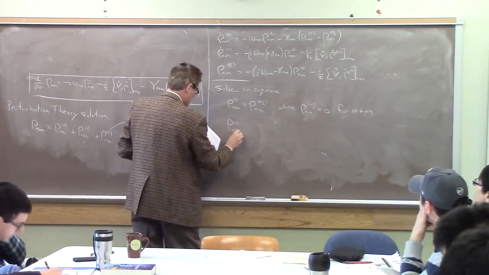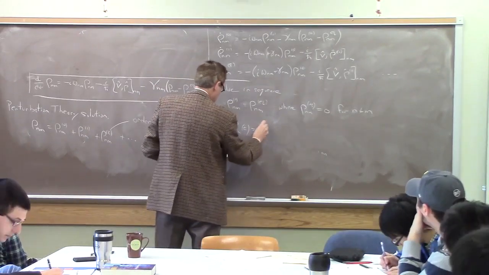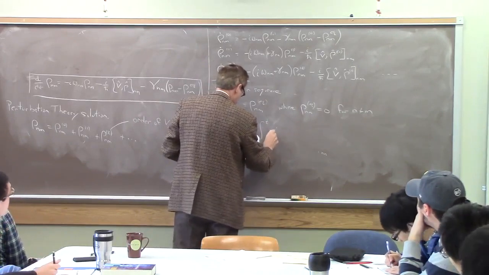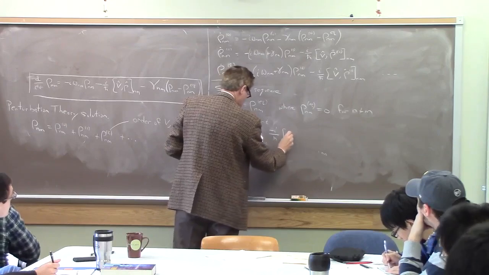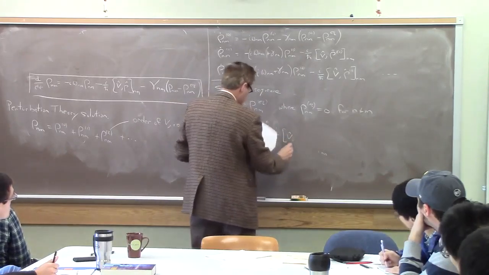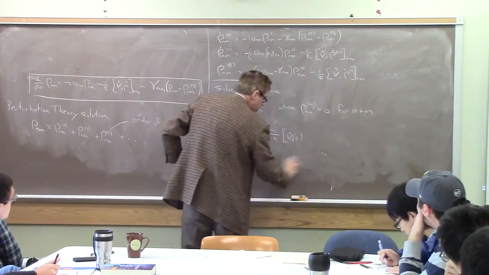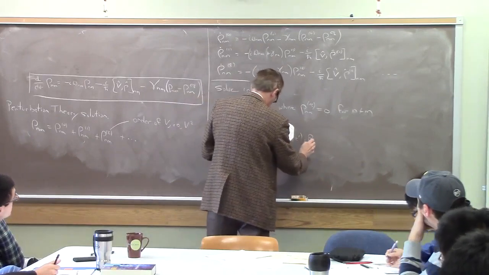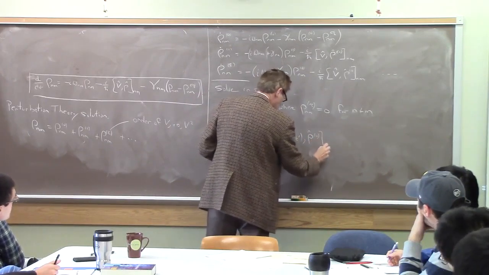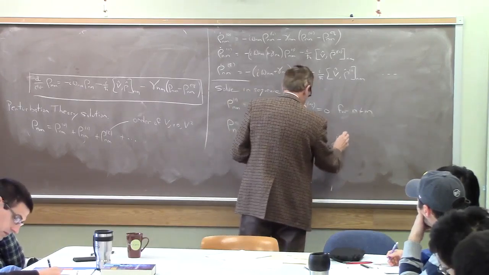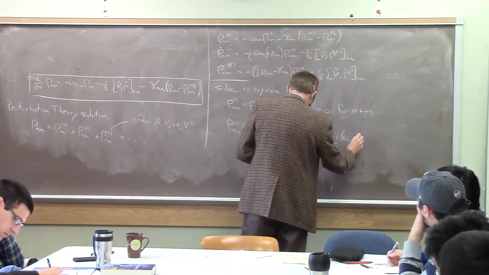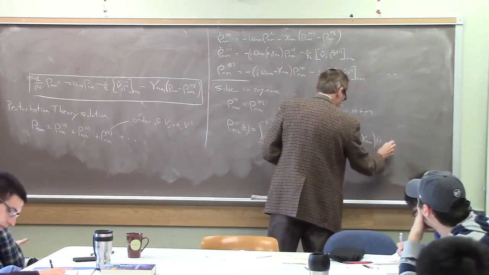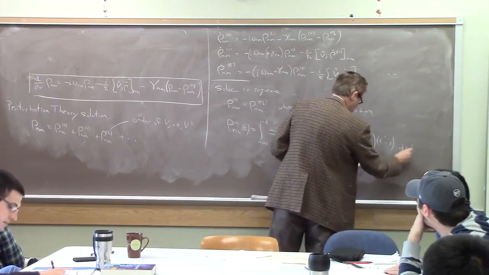So rho 1 n m of t is equal to the integral from minus infinity to t of minus i over h bar, commutator of V of t prime with rho 0 n m, e to the (i omega n m plus gamma n m) times (t prime minus t) dt prime.